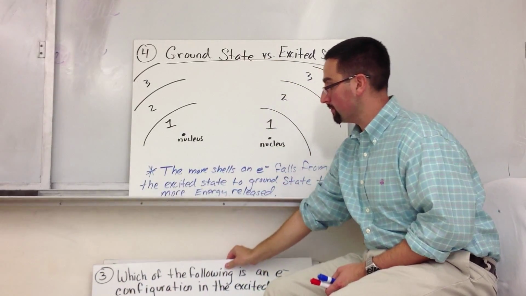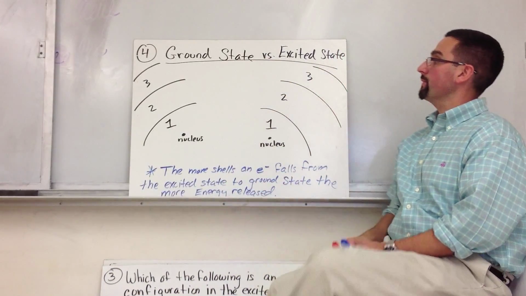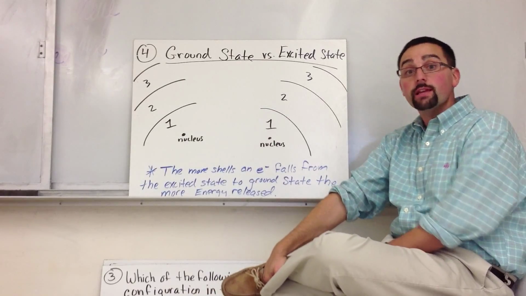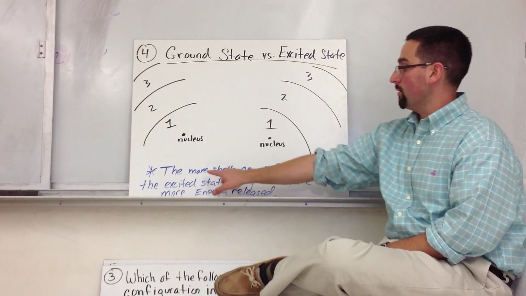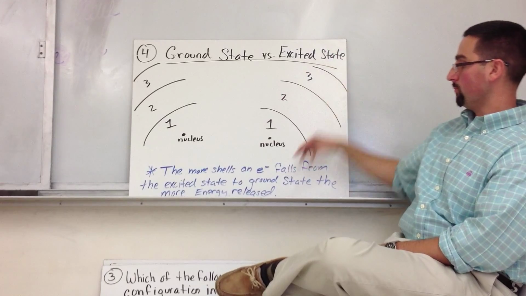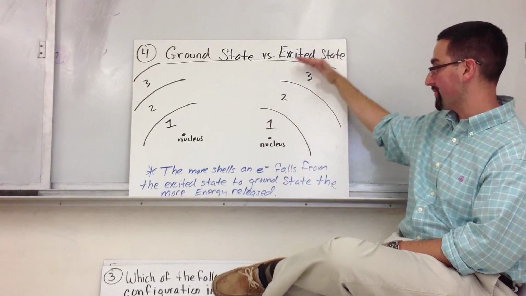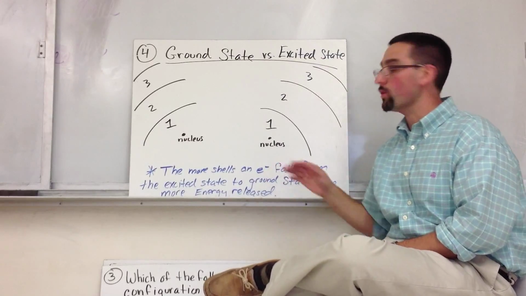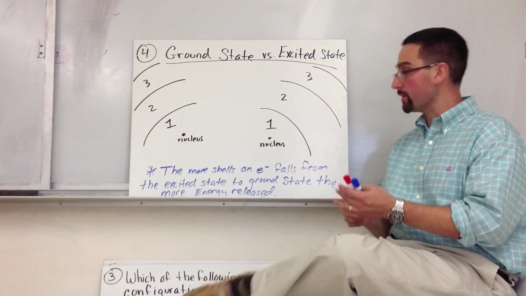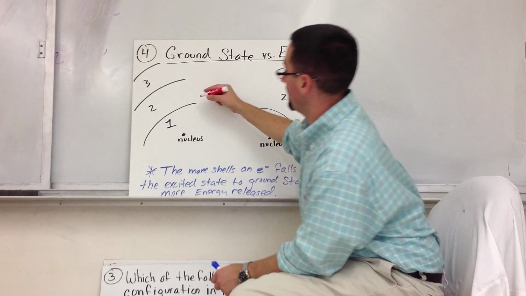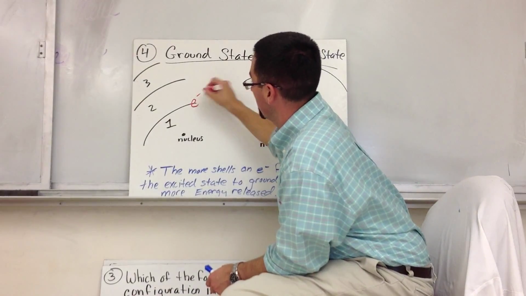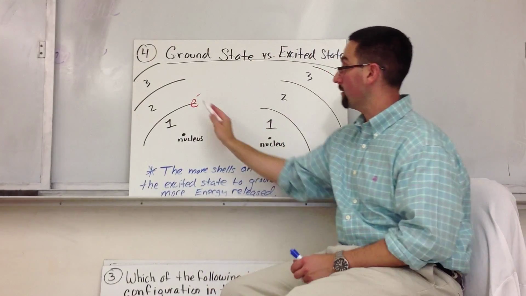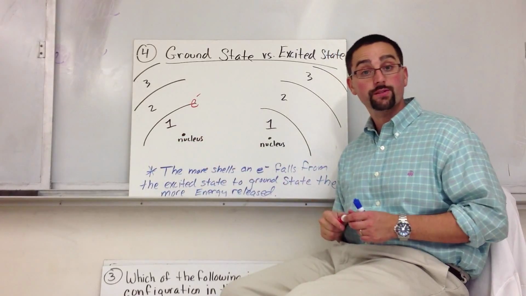Okay, and finally, this last slide here. What does the ground state versus the excited state look like? The more shells an electron falls from an excited state to a ground state, the more energy is released. So let's say we had an electron in the first shell, right outside the nucleus.